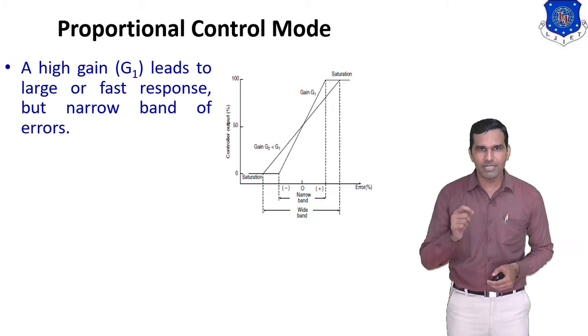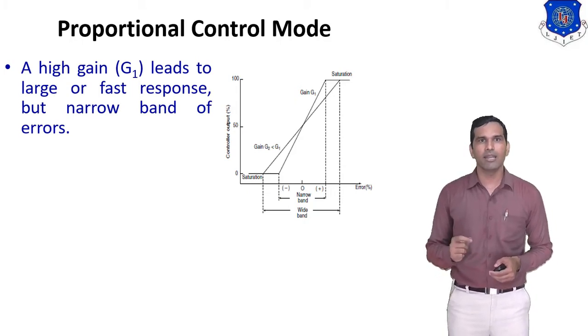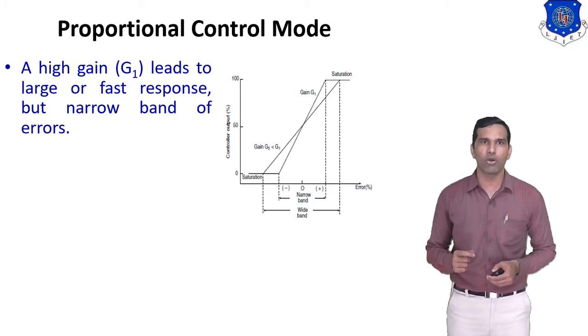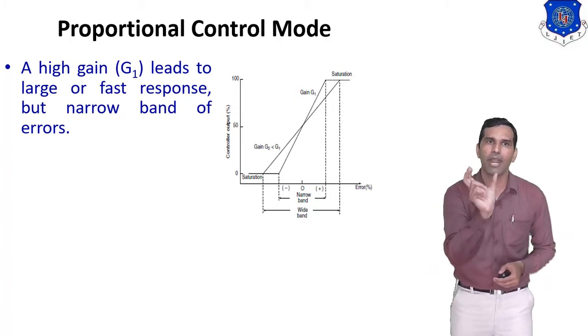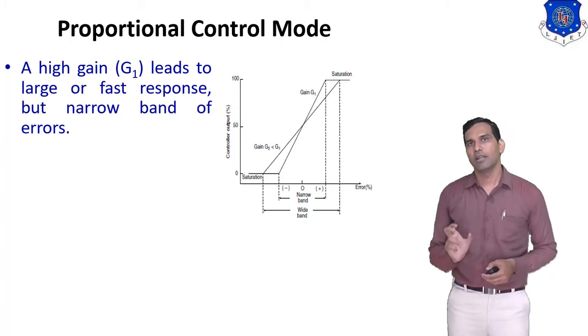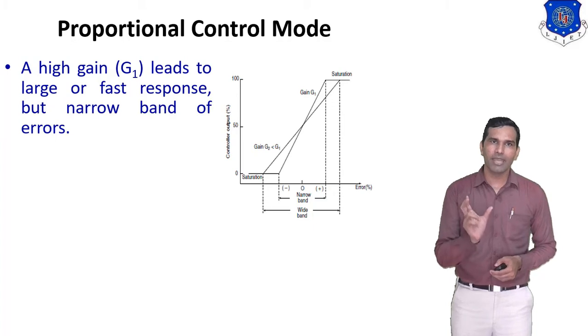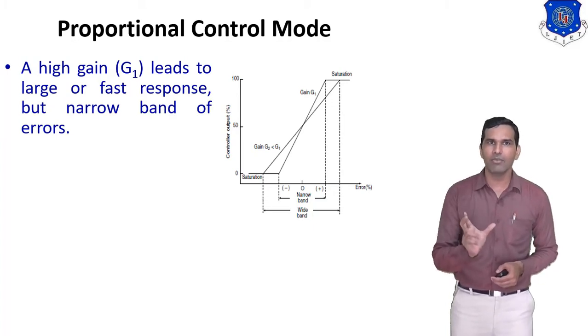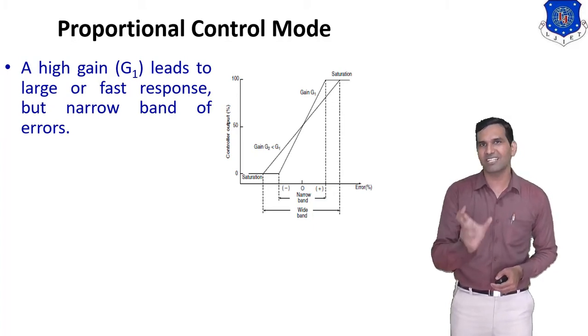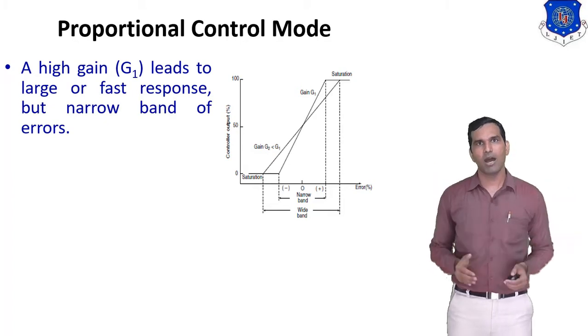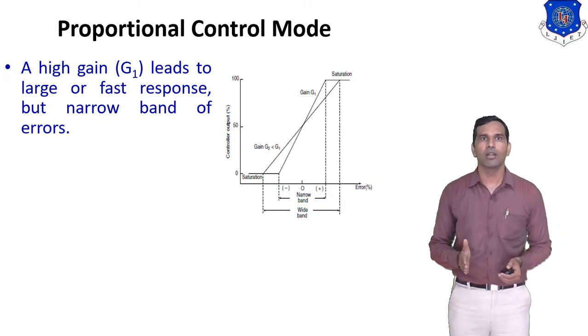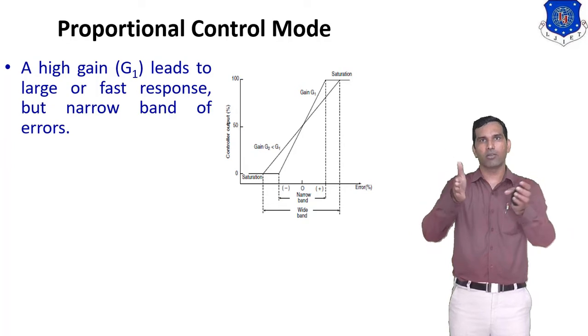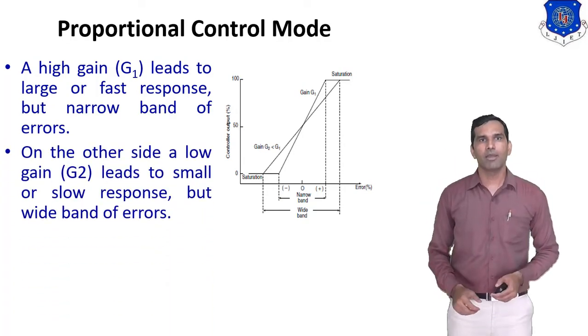The higher gain G1 leads to a larger or steeper response but a narrow band of error. That means if we increase the gain, we get a larger, faster response, but the band becomes narrow.